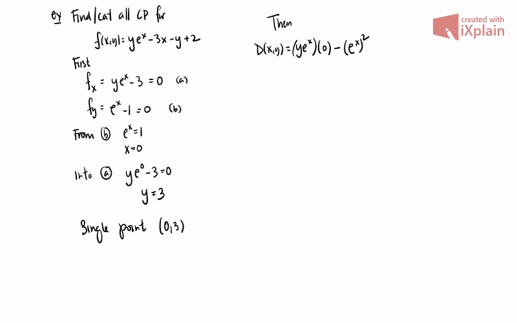It doesn't matter what you plug into it, but just to be extra sure, when we plug this in, we get 0 minus e to the 0 squared, which is negative 1, which is less than 0, so it's a saddle. And that's it, right? So really quick problem that maybe looks a little harder at the beginning because of the e in there. So that is the end of that section.